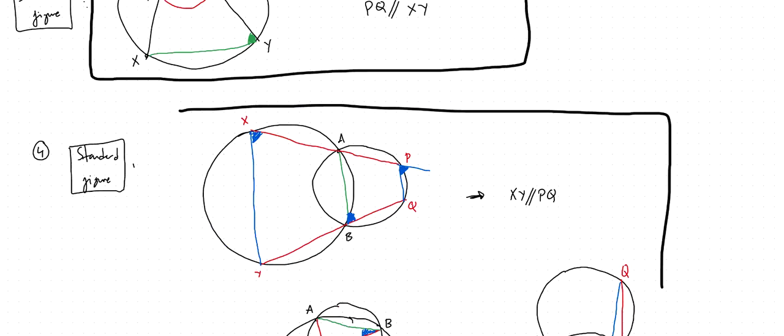And 4 points, ABXY, cyclic. 4 points on a circle. And then some line PQ, which is parallel to XY. Then AX intersects it at P and BY intersects it at Q. Then we will know ABPQ is also cyclic.